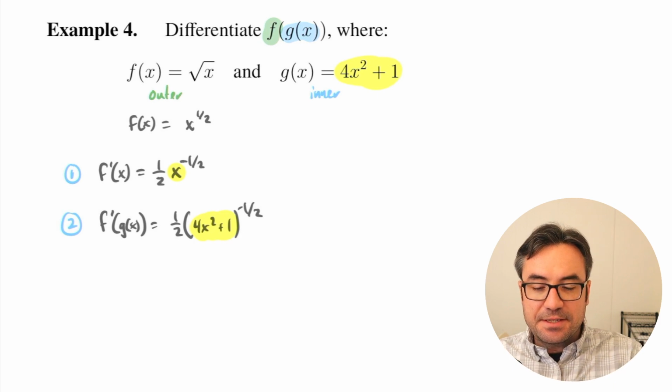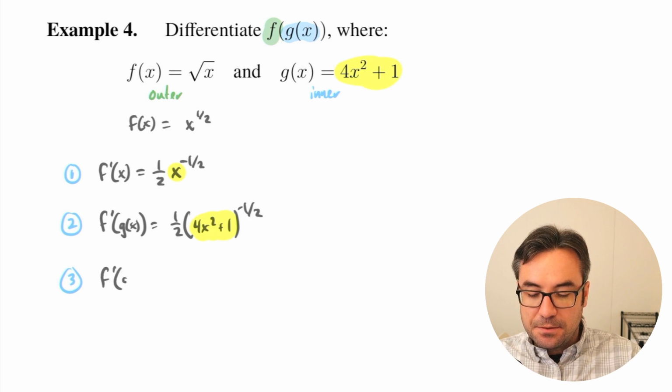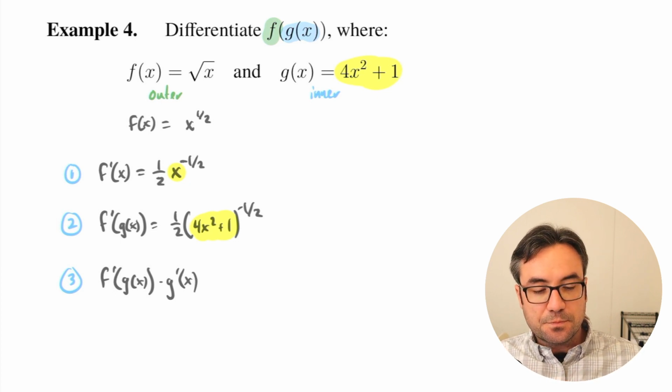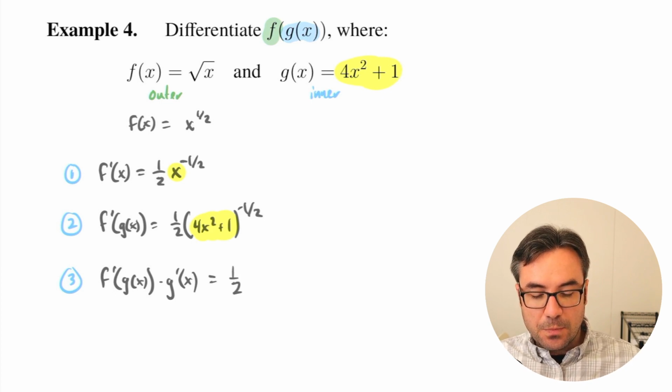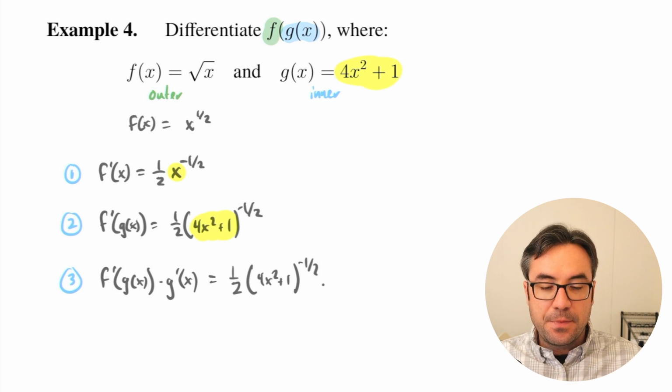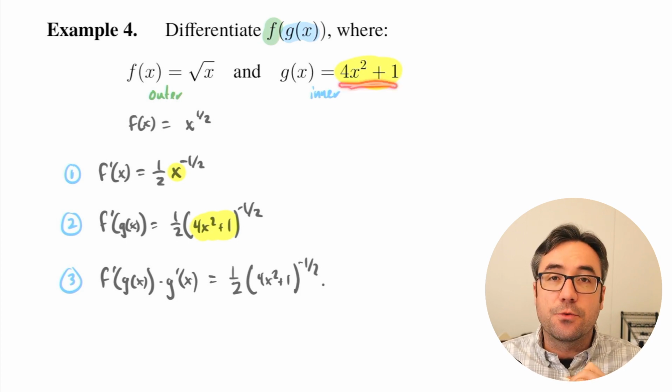And then the very last step is to multiply this result by the derivative of our inner function. And so what do we get in this case? Well, we have the 1/2 4x squared plus 1 raised to the negative 1/2, and then we want to multiply by the derivative of this.